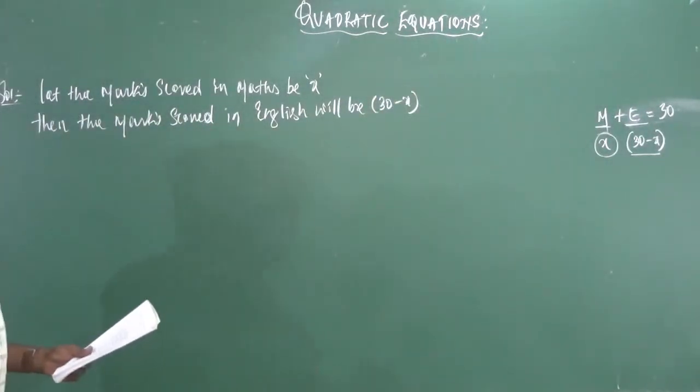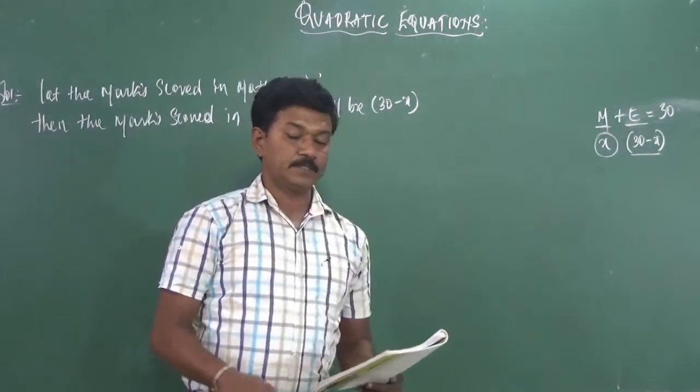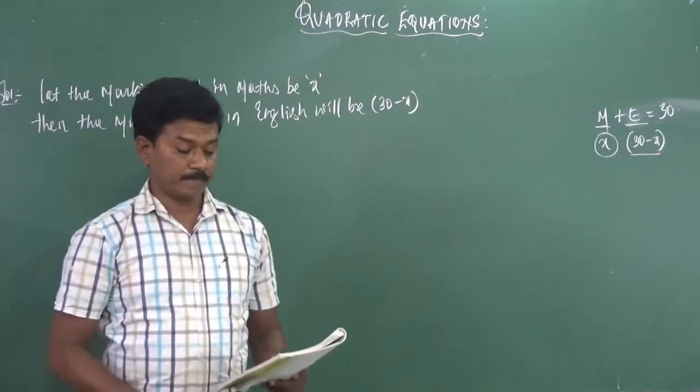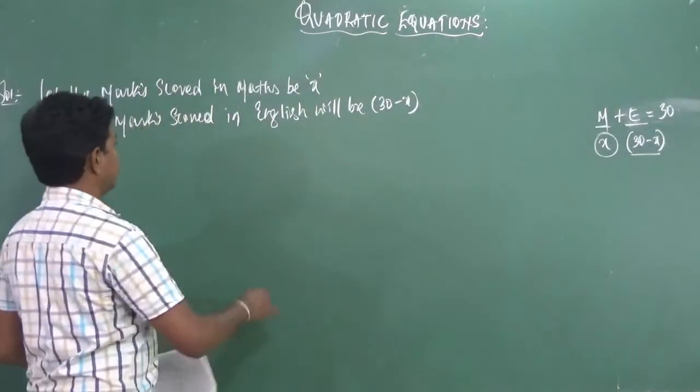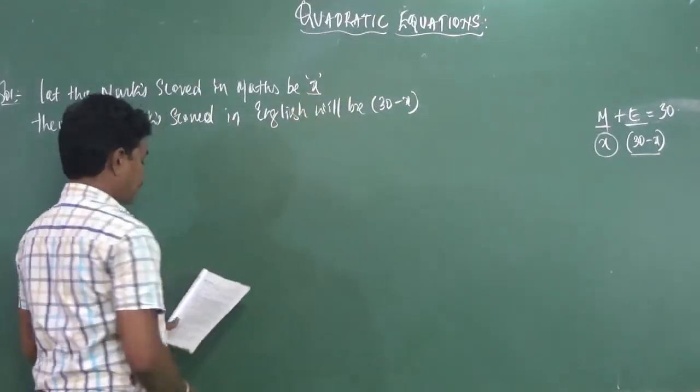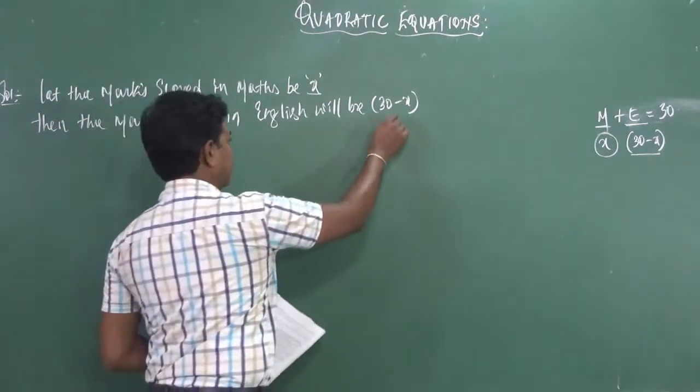Next, had she got, this is not reality, had she got 2 marks more in mathematics. So now the present marks of Shefali in mathematics is x and in English is 30 minus x.